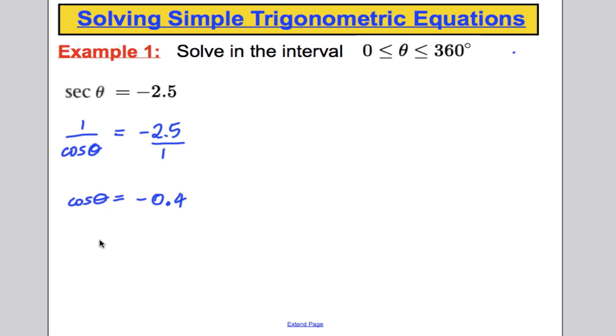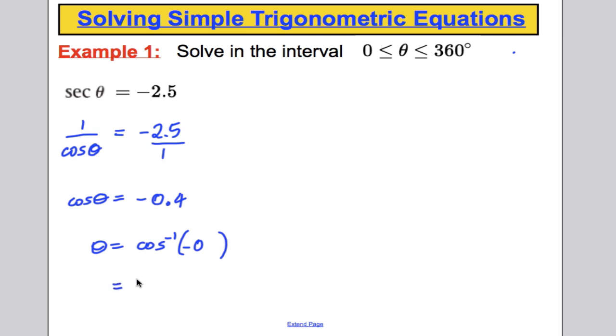Then you can find the first value of theta. Theta is therefore the inverse cos, when your calculator is in degrees mode, of negative 0.4. And if you do that, you should get an answer of 113.58 degrees.